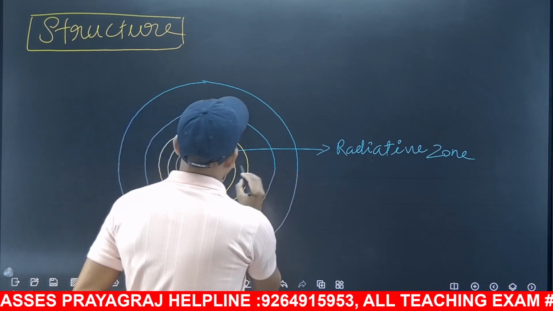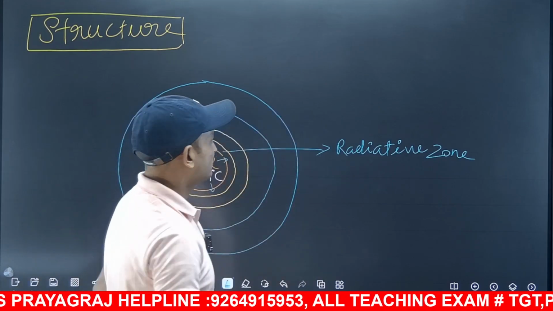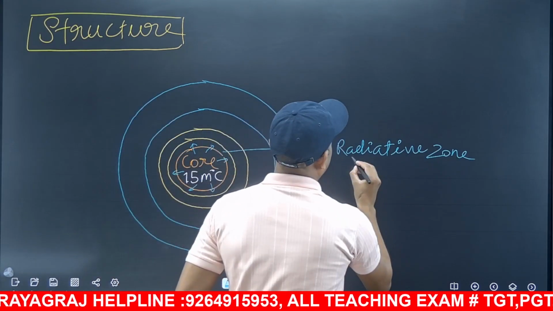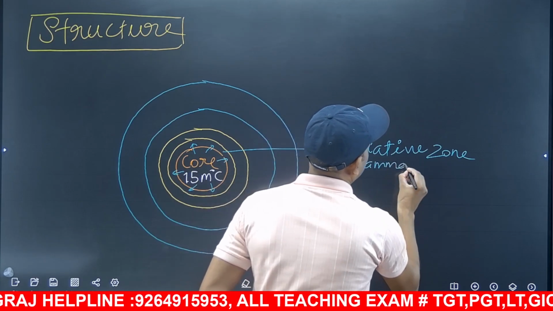That's why this region is known as the radiative zone, because here energy is transported in the form of gamma radiation.